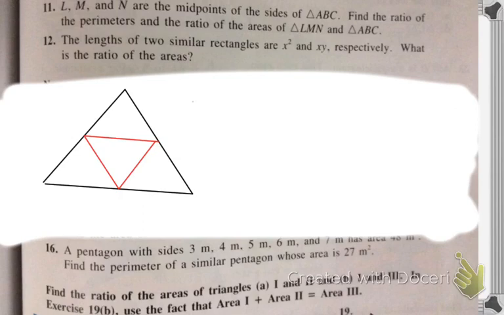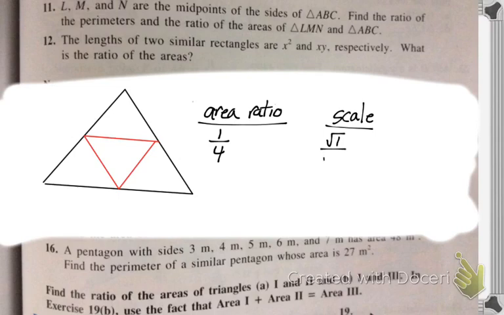So that means our area ratio is going to be 1 to 4. This triangle is 4 times bigger than this triangle. So then let's go to scale factor. The scale factor is going to be the square root of 1 over the square root of 4, which equals 1 over 2. So the perimeter is going to be half, and each of the sides is going to be half as well.